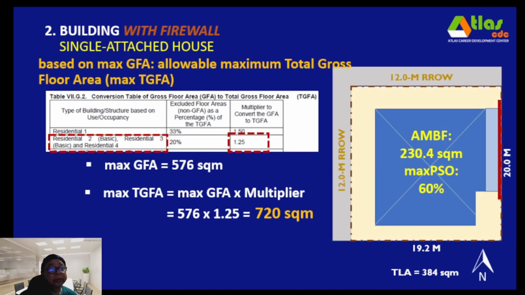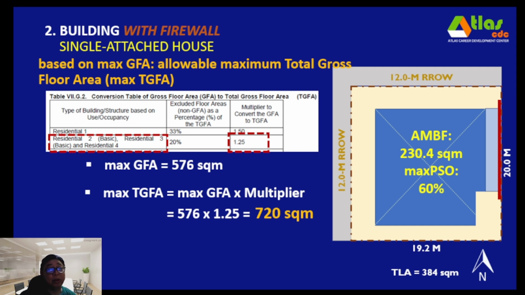So we can also compute for the allowable maximum TGFA using our maximum GFA value and converting it to its equivalent maximum TGFA. And accordingly here, our conversion factor is 1.25.